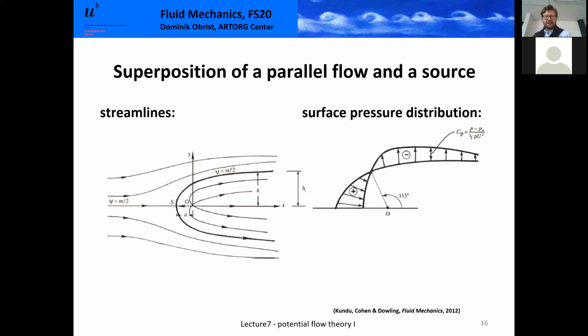So we end up with a zero velocity, right? We are superimposing, adding up the two solutions. So this is a stagnation point. And if you plot all the streamlines, which you can do easily, you just add up the two stream functions and plot the isolines, you will see that you obtain one streamline.